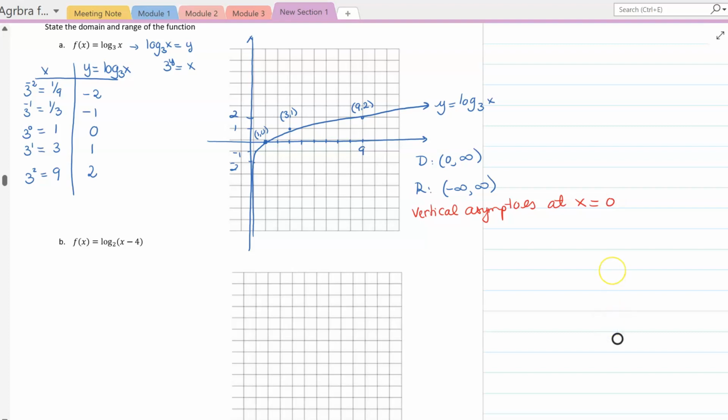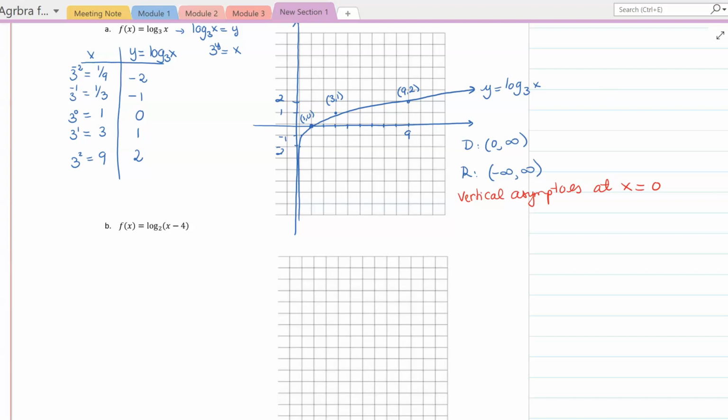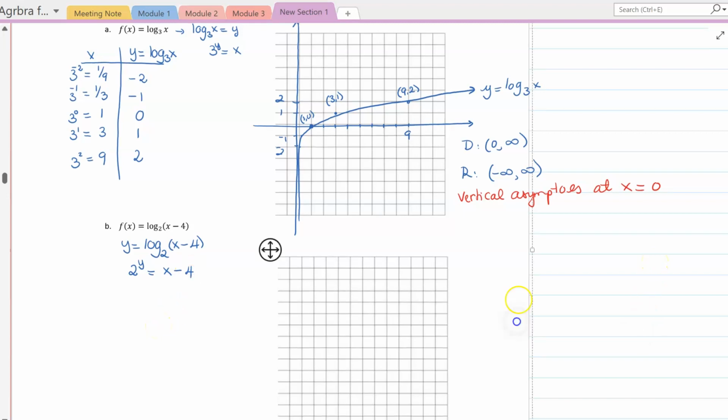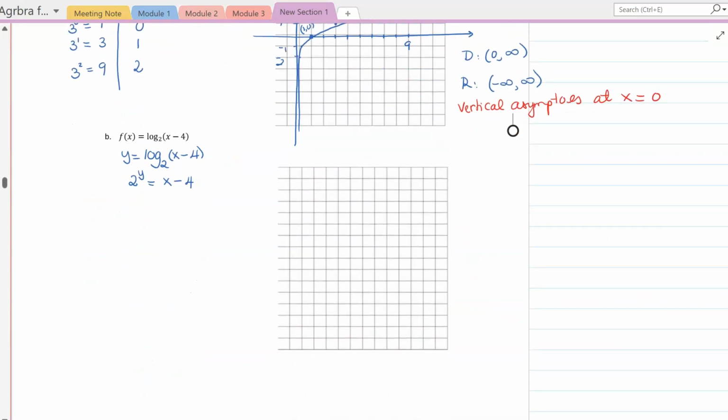Let's take a look at the second graph. Again, I'll rewrite this: y equal log base 2 of x minus 4. So I can write this 2 to the second equal x minus 4. So if I just go ahead and pick the value for y, I can easily calculate the value for x.